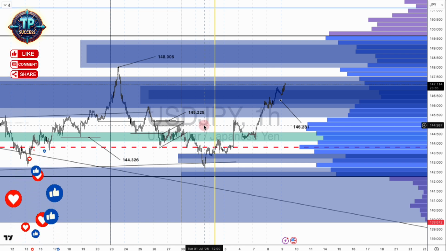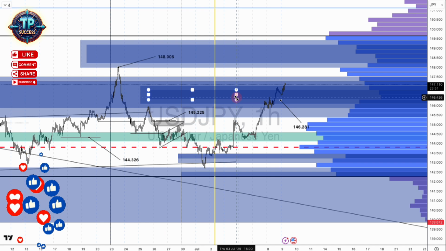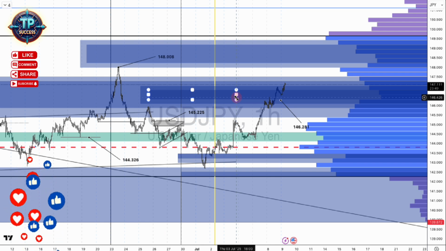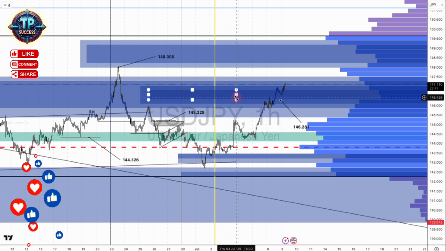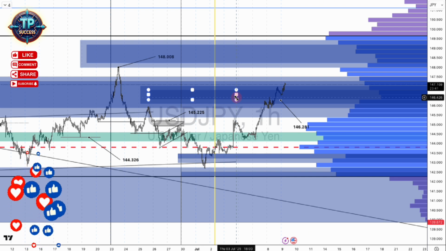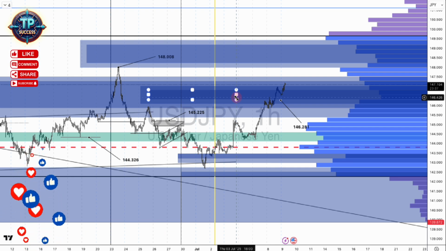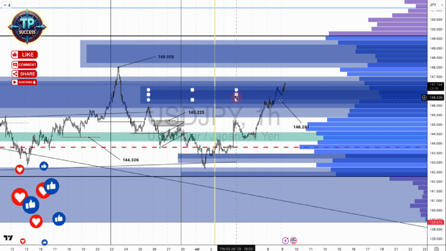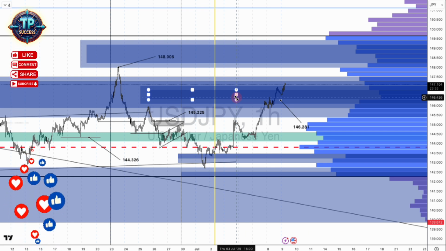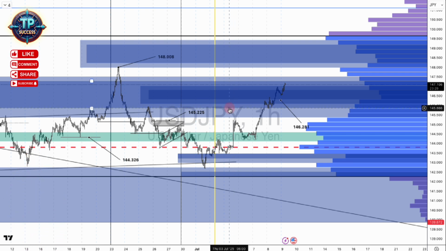So everything you see on this chart here, I strongly recommend you pull it up on your own charts so that you can understand exactly what it is that I'm saying. And once you do your own form of back testing and analysis, you can begin to see if it all makes sense or not. And if it doesn't, naturally it doesn't make sense. But if it does, then you know what kind of actions you might need to be taking in regards to what you've just seen here today.